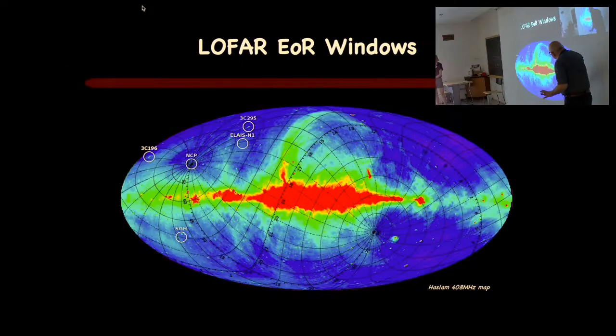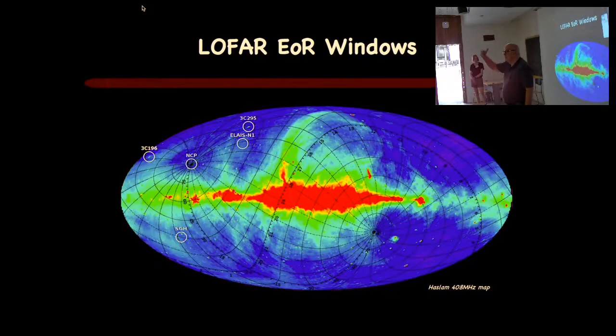So our guidance for choosing the fields was this. This is the only map that has this 400 megahertz. It's not low frequency enough, but this is what we had at the time. So it's a very famous map. And you can see how things look at these frequencies. If you look at the CMB, that's microwave, that's hundreds of gigahertz.